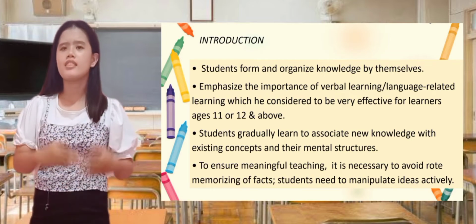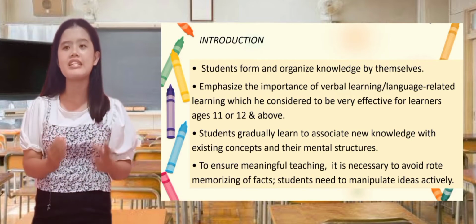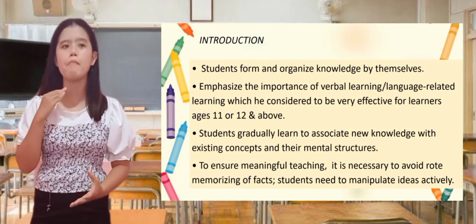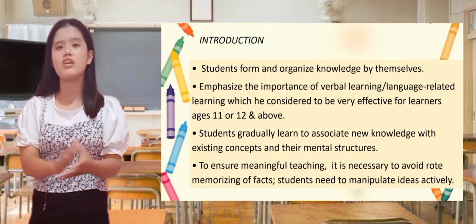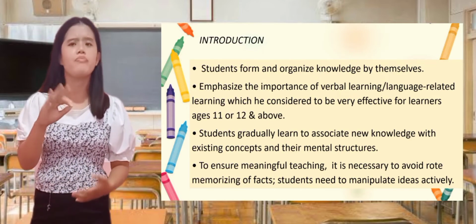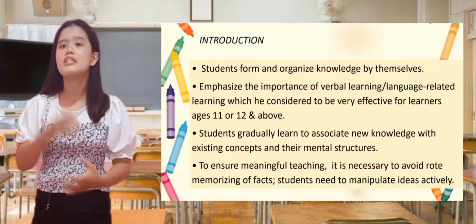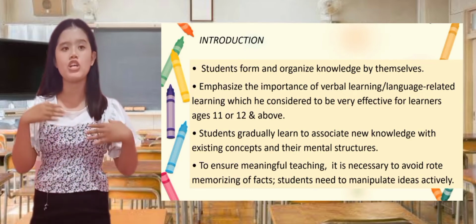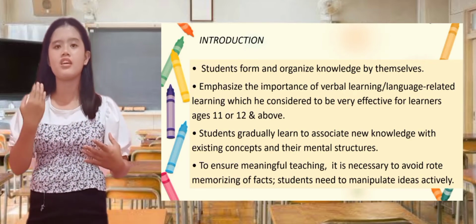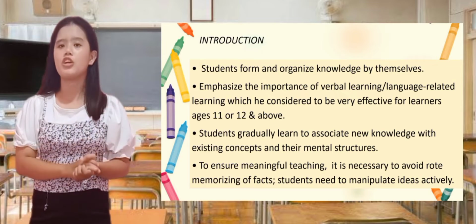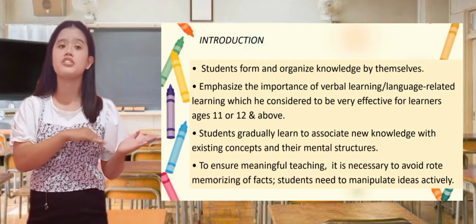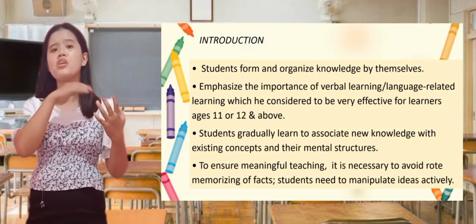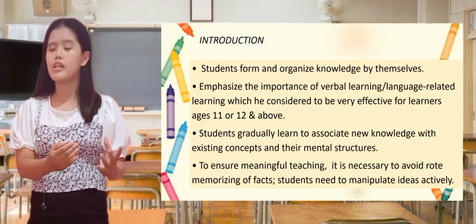So it is obviously effective for grade 6 or 7 students and above. Third, this theory will make students gradually learn to associate new knowledge with existing concepts and their mental structures, because learners use their previous knowledge as a foundation and build on it with new things that they learn.